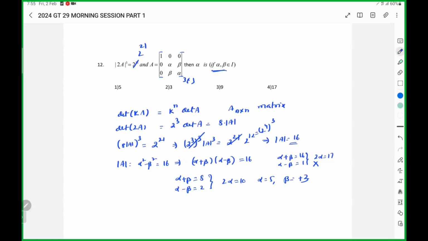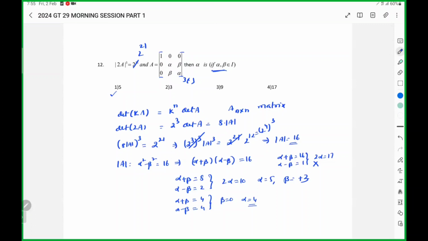Right? So this is one of the possibilities. Is there any other? You can't take alpha plus beta as 4. Other possibility: beta should be 0. Beta 0 means alpha is 4.